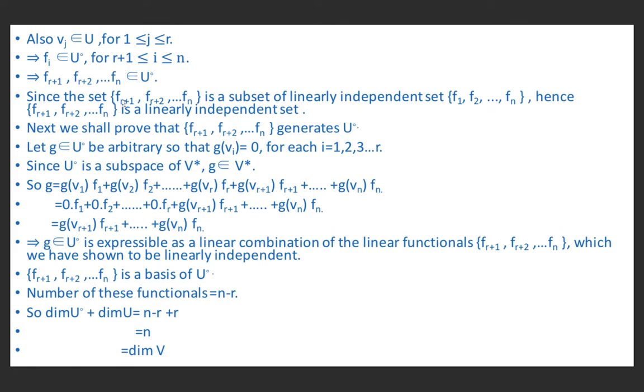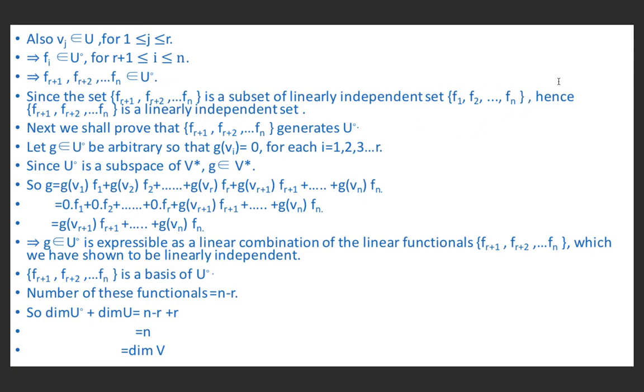Since the set f(r plus 1), f(r plus 2), ..., fn is a subset of the linearly independent set f1, f2, ..., fn, because f1, f2, ..., fn is a basis set, so it is linearly independent.